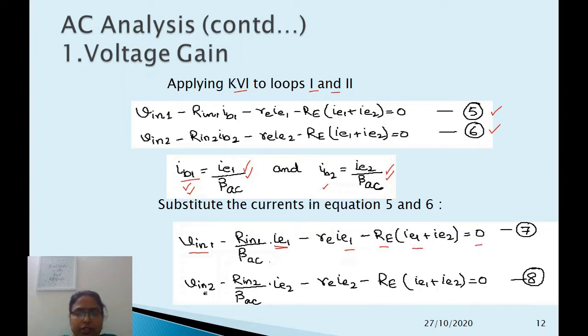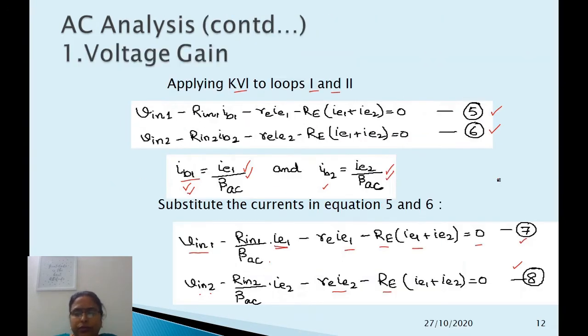Similarly, substituting IB2 in equation 6, we get Vin2 minus Rin2 into IE2 upon beta AC, minus RE into IE2 minus RE into (IE1 plus IE2) equal to 0. So these become the 7th and 8th equations.